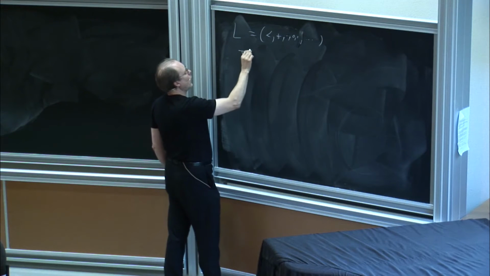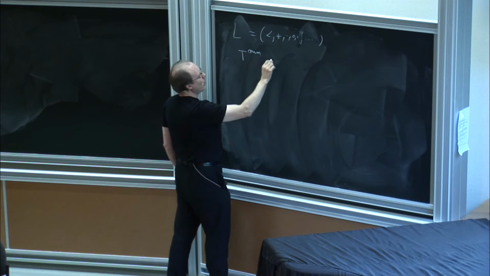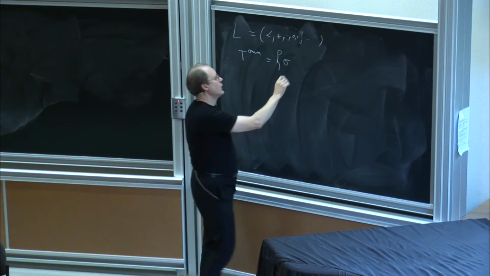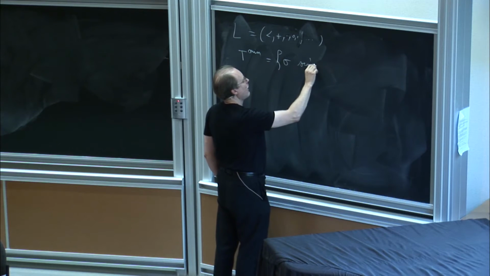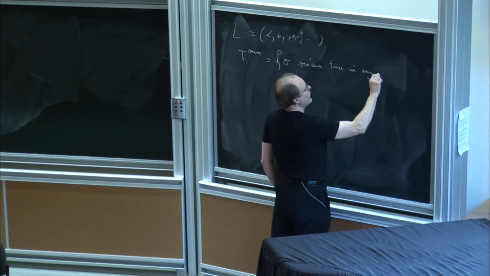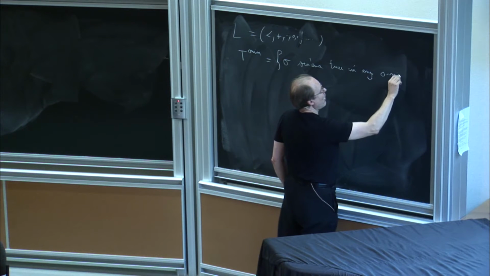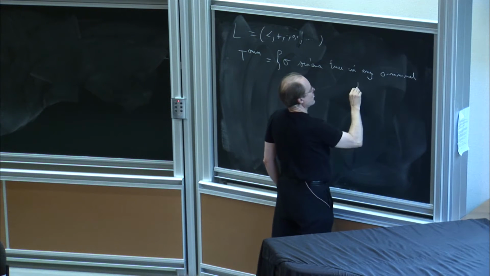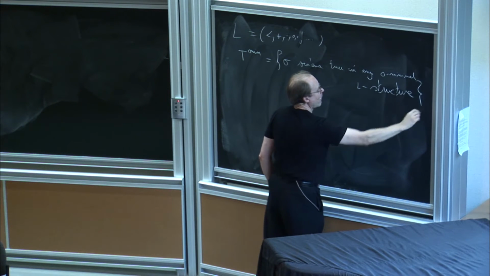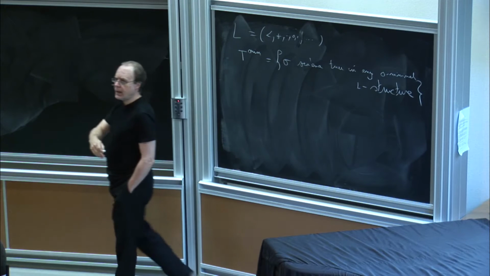And so T_o-min is the collection of all sentences that are true in any o-minimal L-structure. So a sentence is true in any o-minimal L-structure. And then a model of this I call o-minimalish.